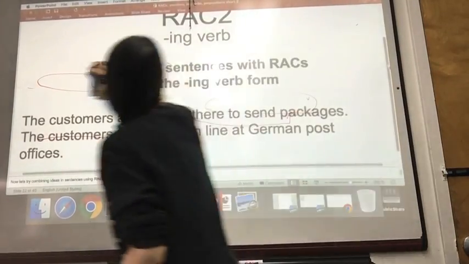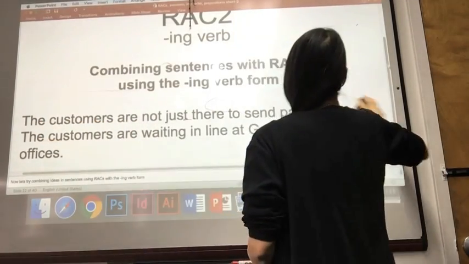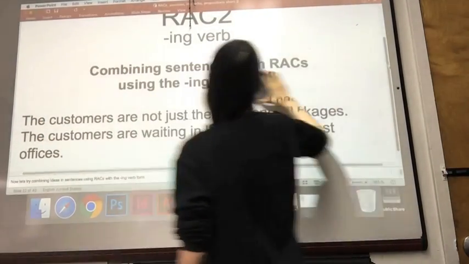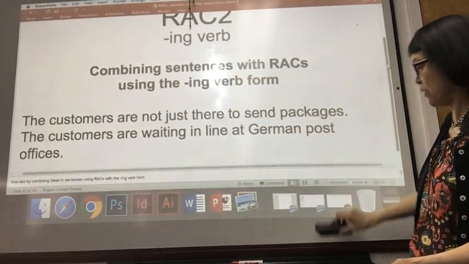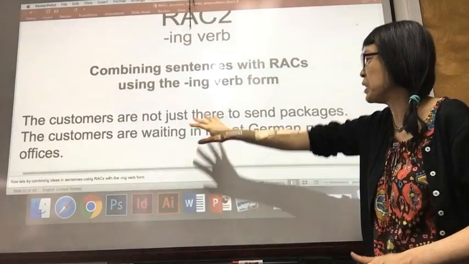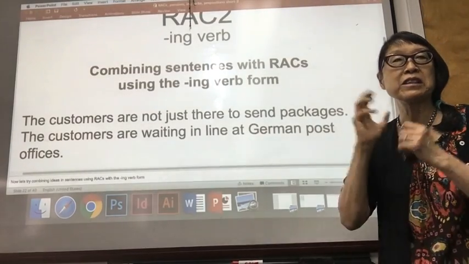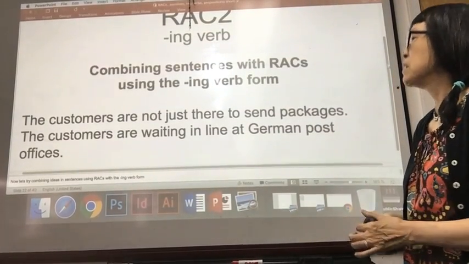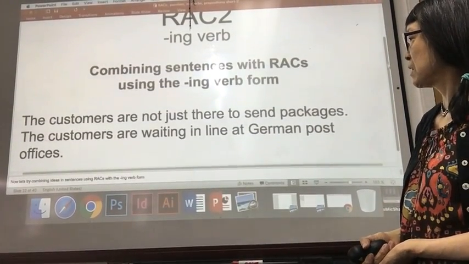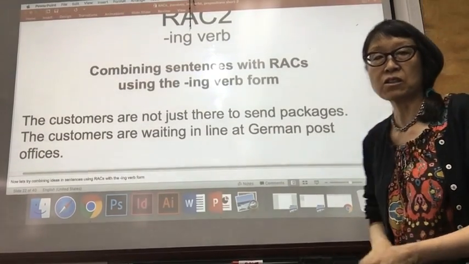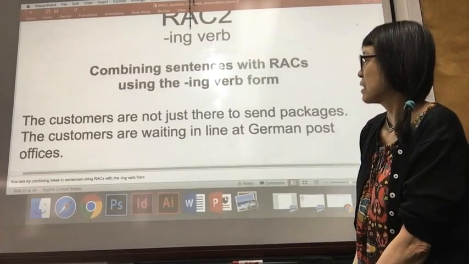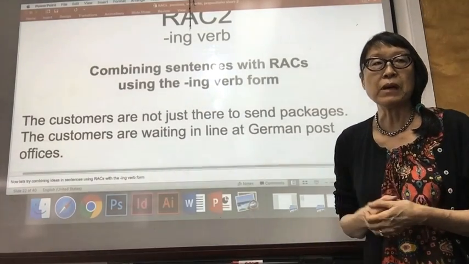Okay, this is our little combining trick. Combine the sentences. Mona, can you read the sentences to us loudly? The customers are not just here to send packages. The customers are waiting in line at the German post office. Good, okay. Can anyone combine those?